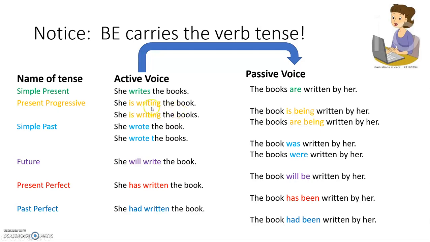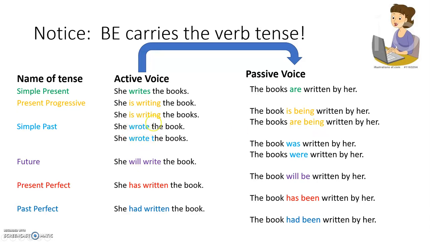And look at the yellow example. Okay, in active voice, these two verbs look the same because they have the same subject, she. What's different? The object, singular and plural. Well, if I change those to passive voice, now I have the subject, the book, for my first one, and the books for the second one. So the helping verb has to change accordingly.